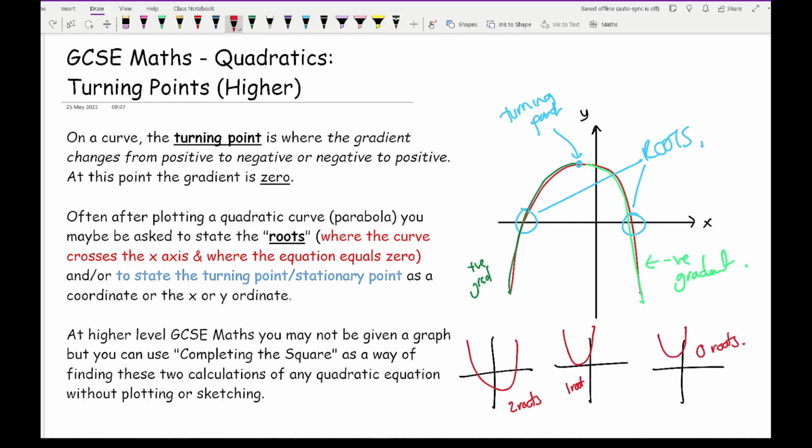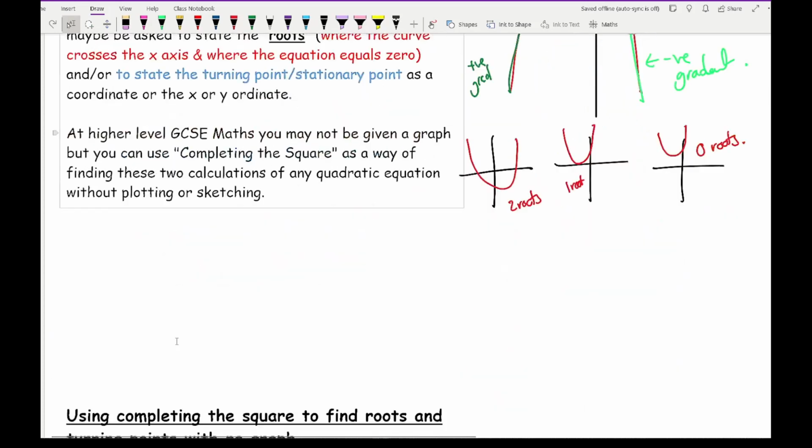So the roots are basically where the parabola crosses the x-axis. Now, sometimes you may get asked to find the root. Sometimes you might get asked to solve the quadratic, in which if you've got a graph, it's basically going to be where the curve crosses the x-axis.